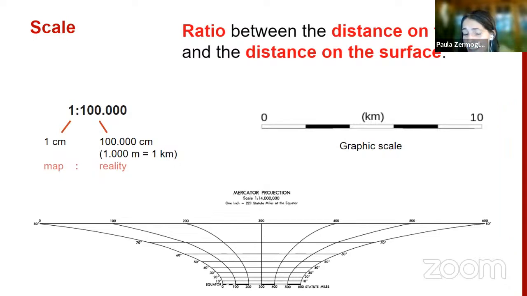So that scale is not kept on all the map. That scale is for the equator, the one down here. As we move north or south, the scale changes. So we can also find this kind of representation, which is more accurate than just having a single graphic scale for all the map, because this one takes into account the projection that we're using.